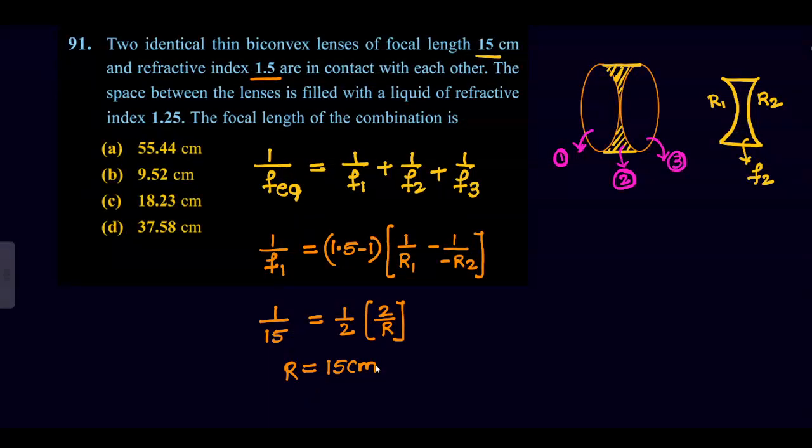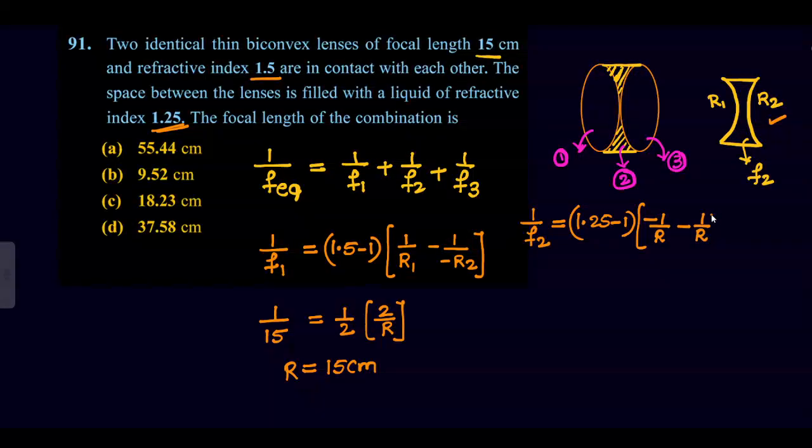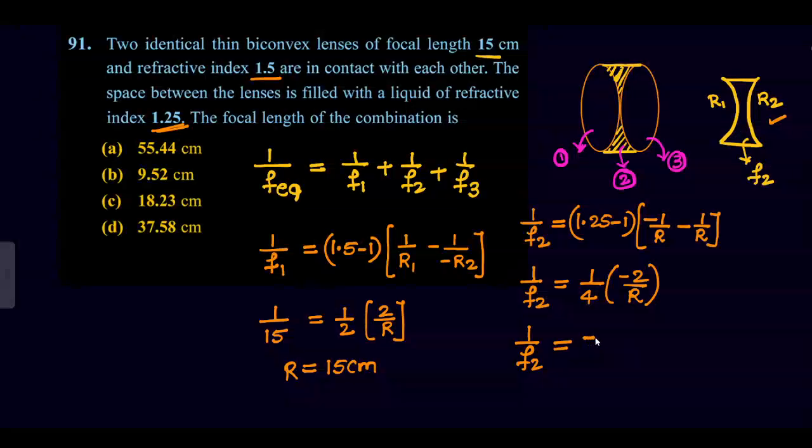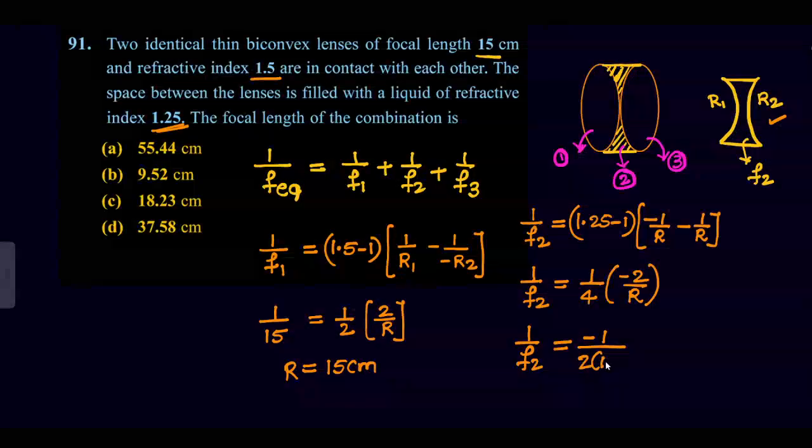Now by using this radius we can find the focal length of the second lens. 1 by f2 is equal to, this medium is a liquid with refractive index 1.25, so 1.25 minus 1 into, R1 is negative, that is minus 1 by R, and R2 is positive, 1 by R. So 1 by F2 equals 0.25, that is 1 by 4, into minus 2 by R. That is minus 1 by 2 into R, with R as 15.